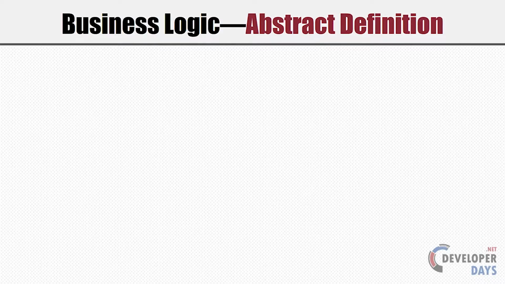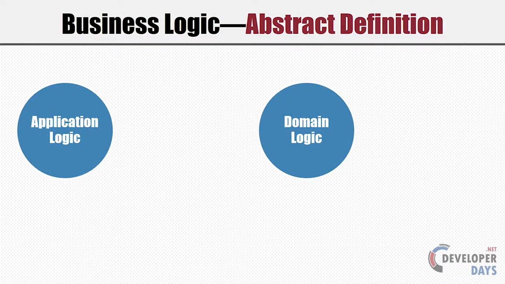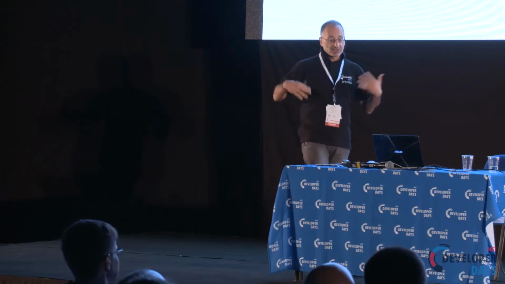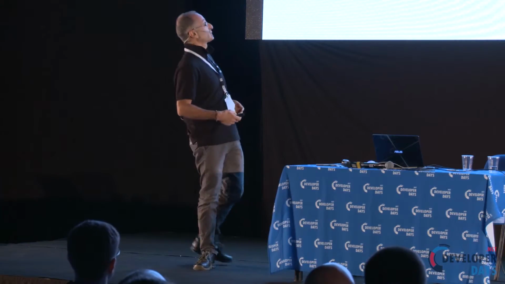But let's start from the abstract definition of business logic, a definition of business logic that we borrow from domain-driven design, the well-known popular methodology for approaching and dealing with the complexity of huge, or today I would say every software system.